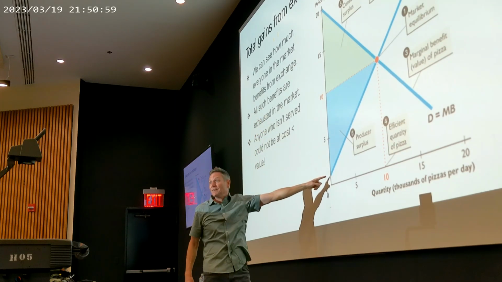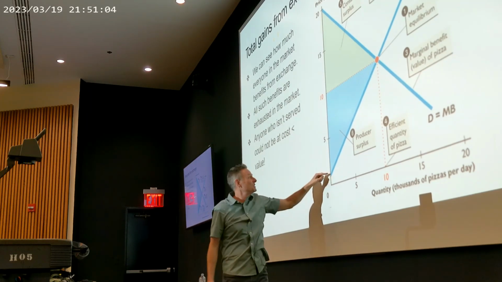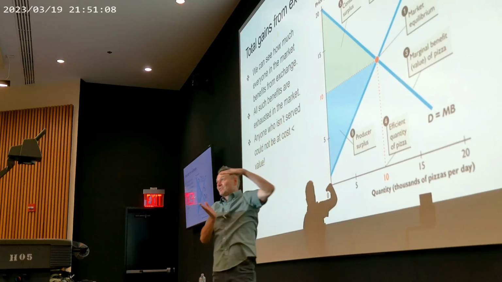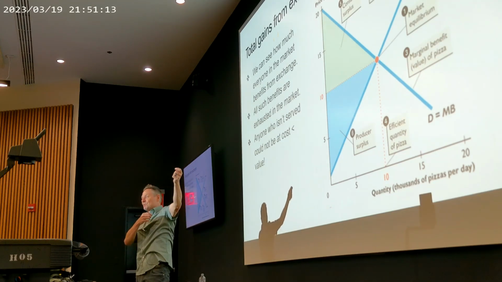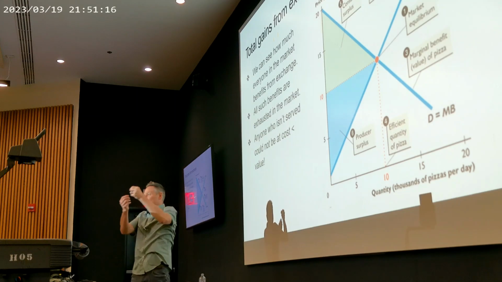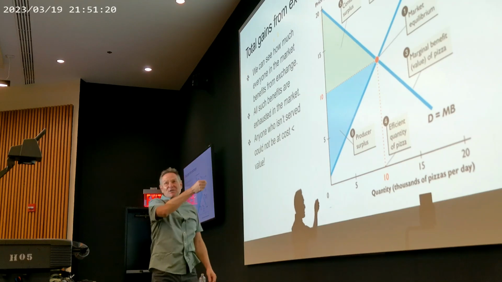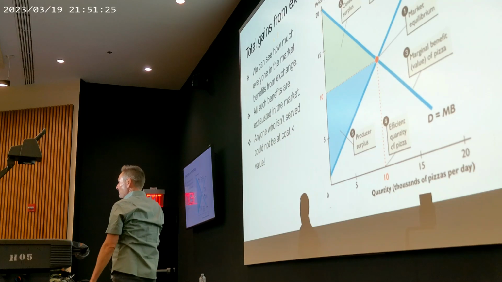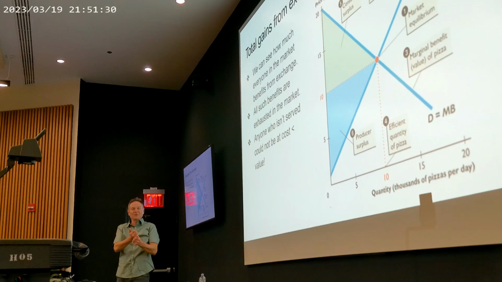The surplus we get when a pizza is cooked and transferred from one to the other is this distance to that distance. As we go left to right, you can see that this scissors narrows. Each pizza still produces more value than it costs, but it's getting closer and closer until the very end, where the costs of producing the last pizza are about equal to the benefits derived.